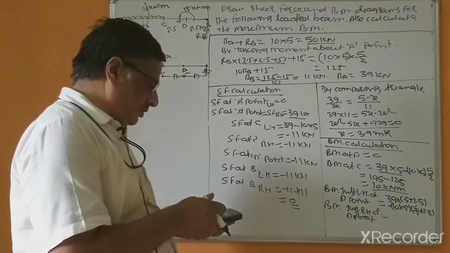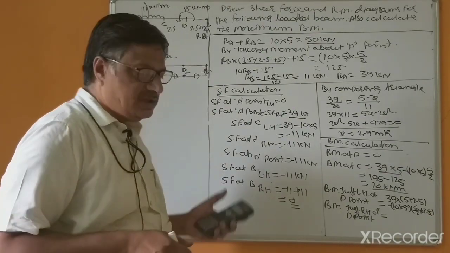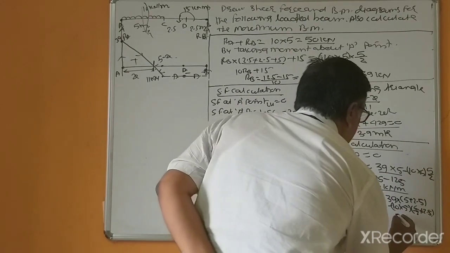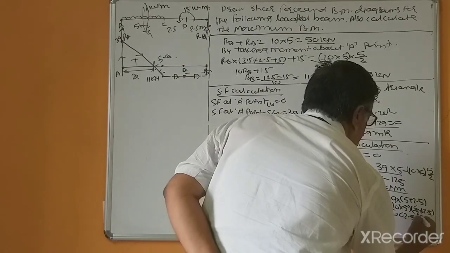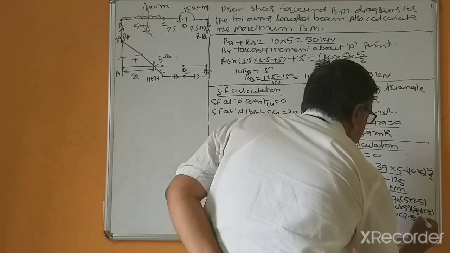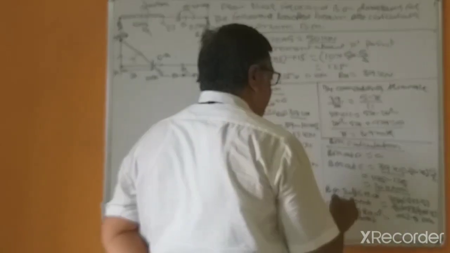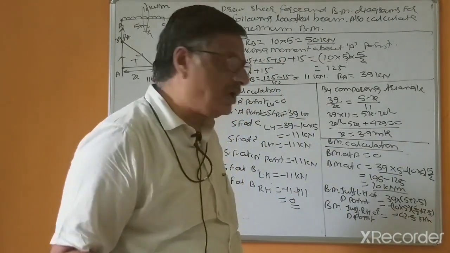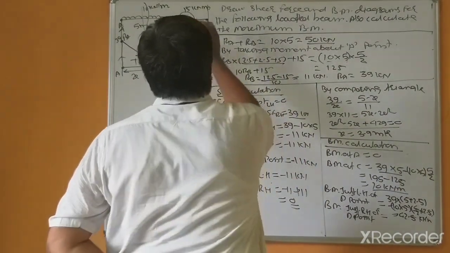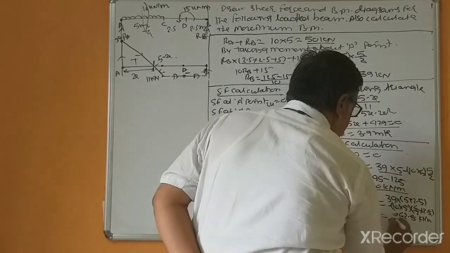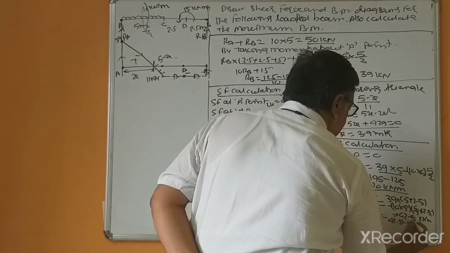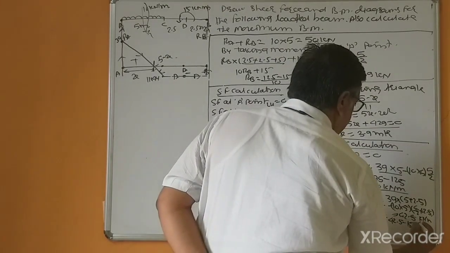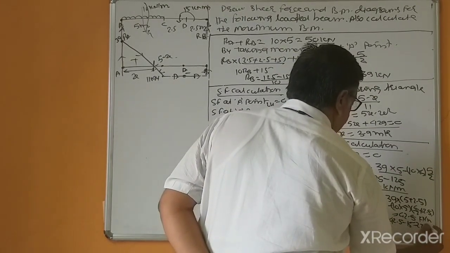Otherwise that may be wrong. So this is equal to 42.5 kilonewton meter. Because positive means clockwise and this is anti-clockwise, 42.5 minus 15 is equal to 27.5.